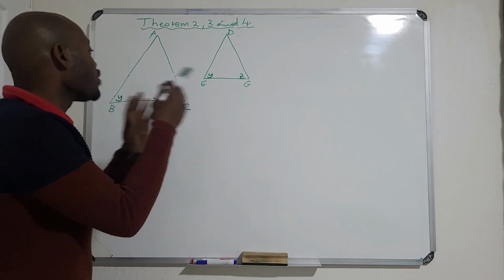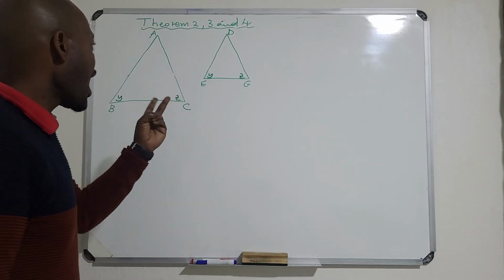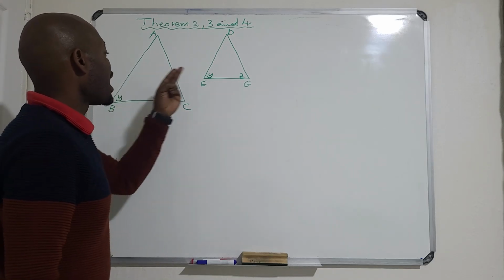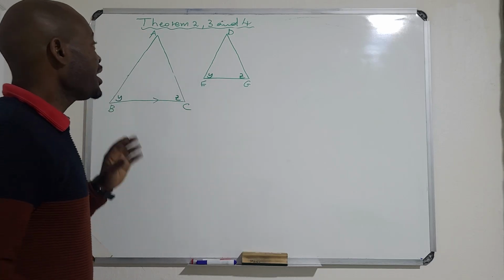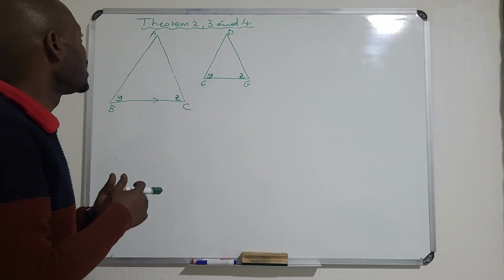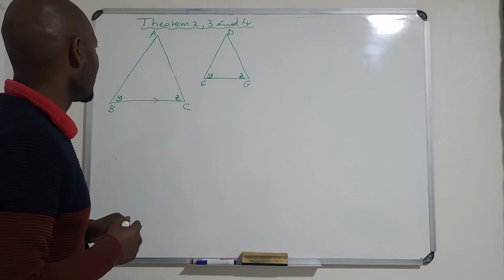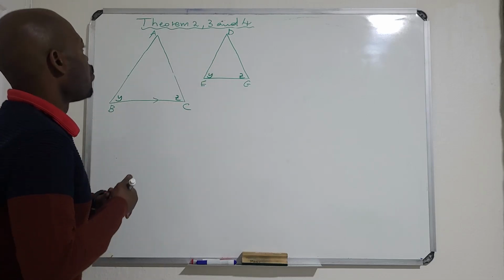No need for all of them. As long as two corresponding angles are equal, the two triangles are equiangular. Why is that?